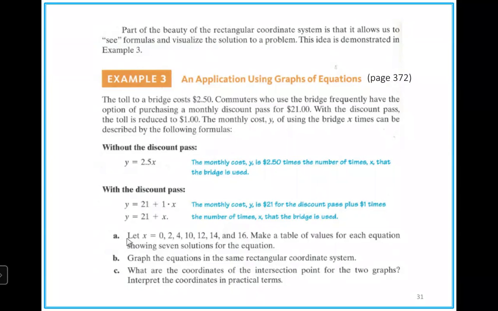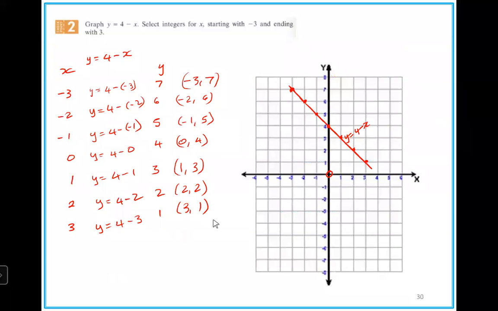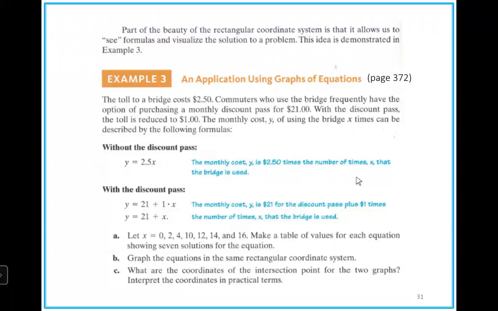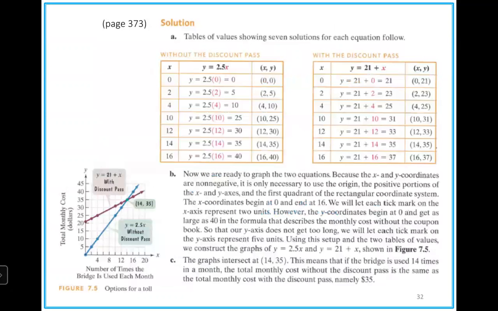And so they ask you to let x be 0, 2, 4, 10, 12, 14, and 16. So right away, if x is these larger numbers, then you wouldn't be able to use these numbers here to graph it because you've already gone up to 16. So you would have to adjust your scale to be able to fit the information on the graph.